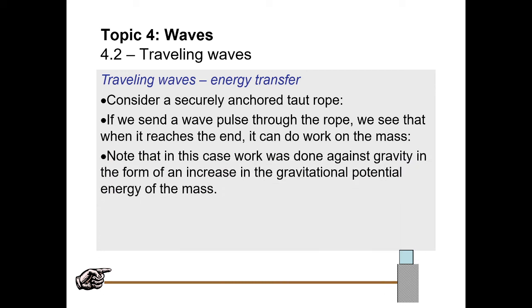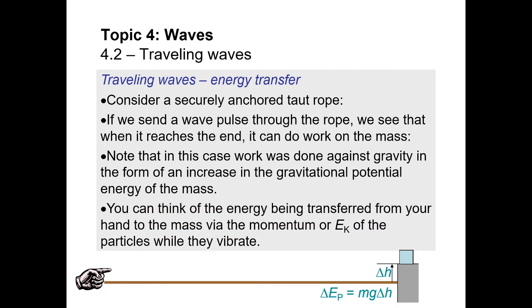In other words, the rope does work on the mass. Now we know the amount of energy and the amount of work done. So its gravitational potential energy is mg delta h, or just mgh. The height we can calculate based on this picture. The mass of the block would be known, and g, the acceleration due to gravity, is 9.81.